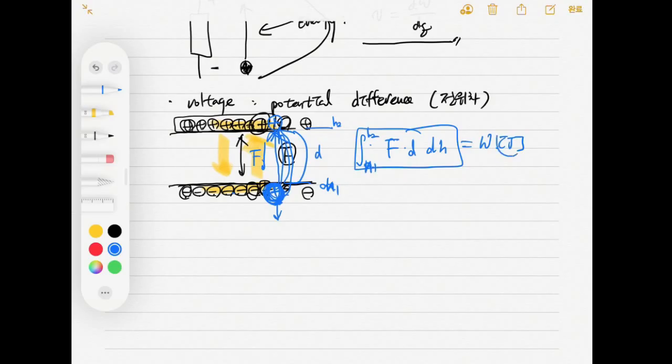So we define this energy for one charge, from here to there, as the potential difference. So 1 volt means 1 joule divided by 1 coulomb. So potential difference is energy converted by the charge.